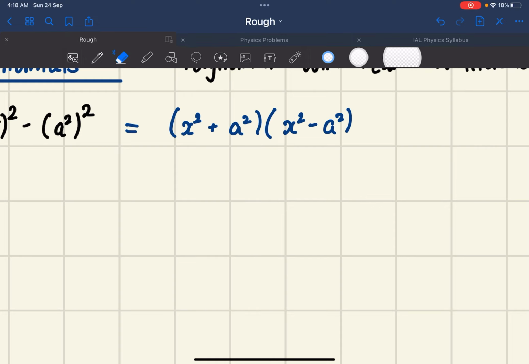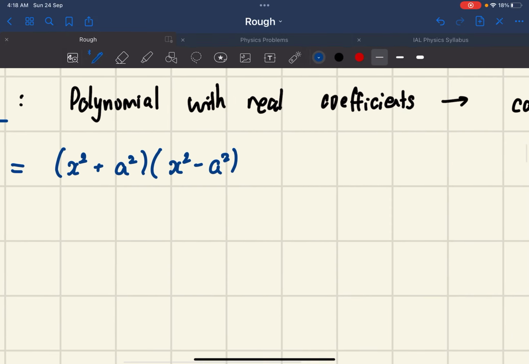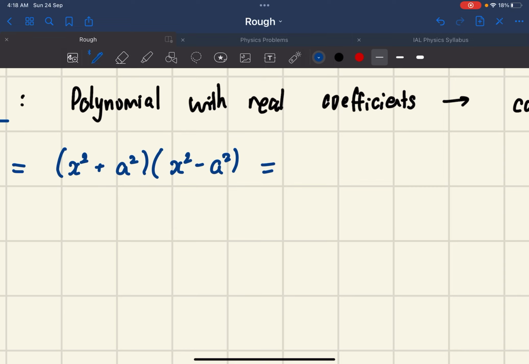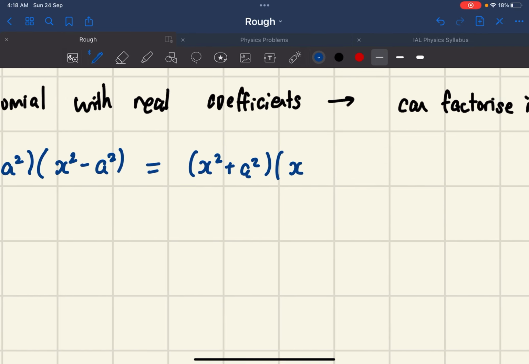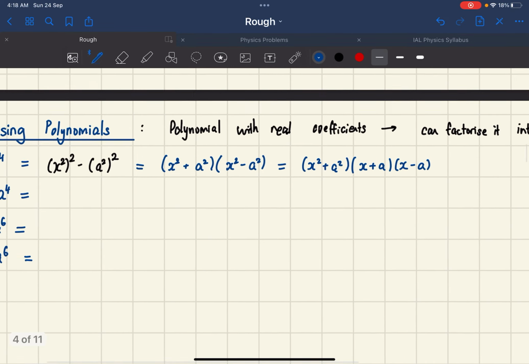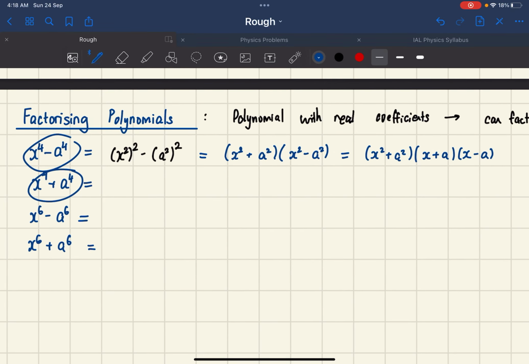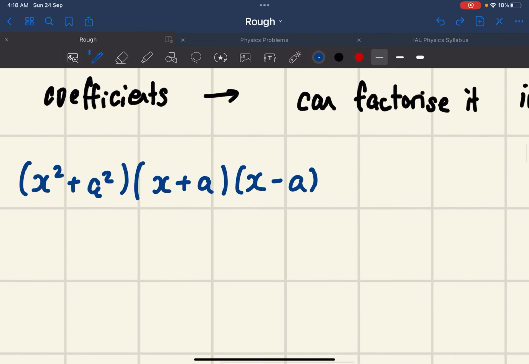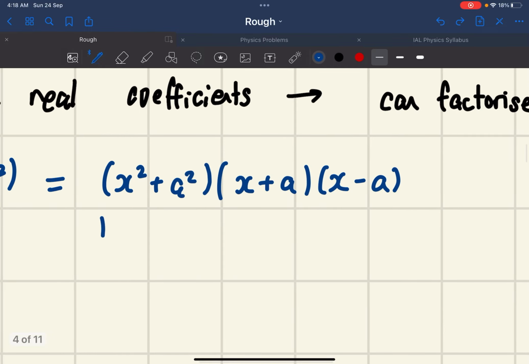Alright? So these are two quadratic expressions, but we can go a bit further because the second brackets is also a difference of 2 squares. Very simply, we get something like this. So this is what I mean. All polynomials, all of these, they can be factored into these linear terms, and also quadratic terms.